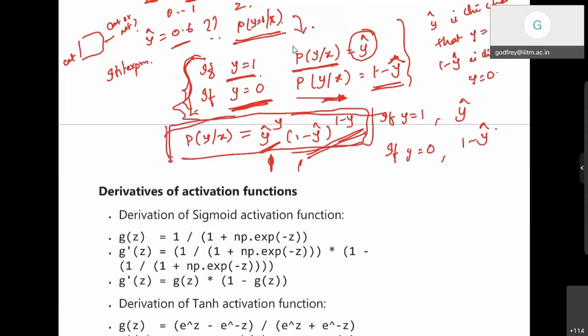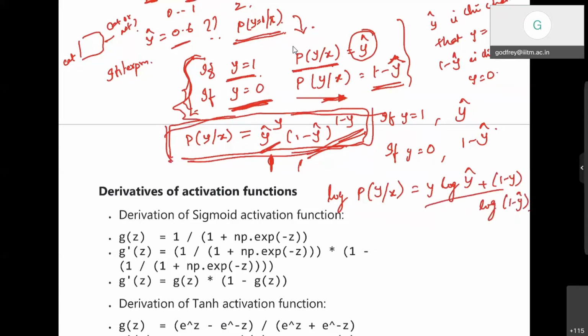Now this single equation can be written in log form: log p of y given x is equal to y log y cap plus (1 minus y) log (1 minus y cap). Now you put a minus before this.